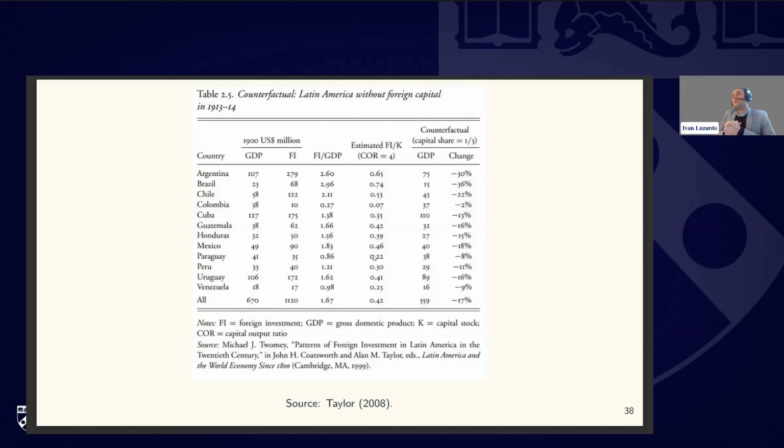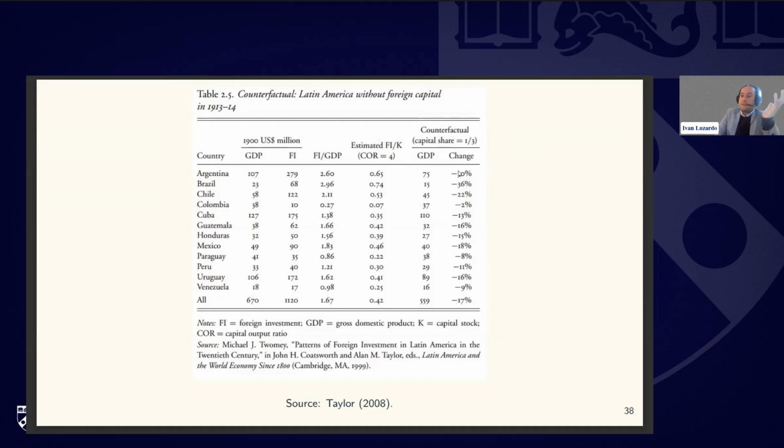Basically, he's measuring what the GDP in Latin America would be without foreign investment. And the relevant column here is the last one. That is basically what it is showing: how much smaller the Latin American GDP would be without foreign investment.